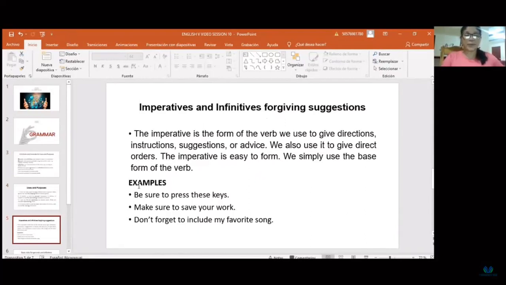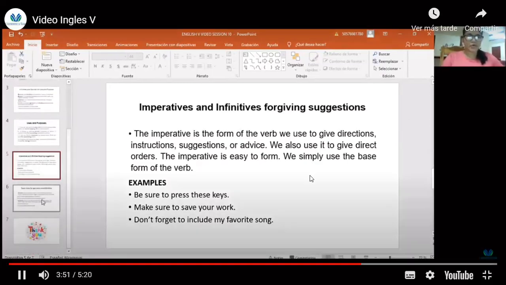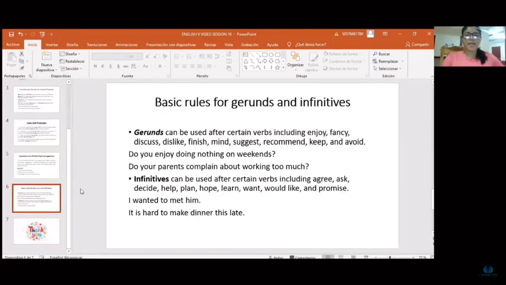As you can see in the example: be sure to press the escape. Make sure to save your work. Don't forget to include my favorite song. At the beginning of these sentences, we have the imperative: be, make, don't forget. The last point to end with this video, we have more about basic rules for gerunds and infinitives.